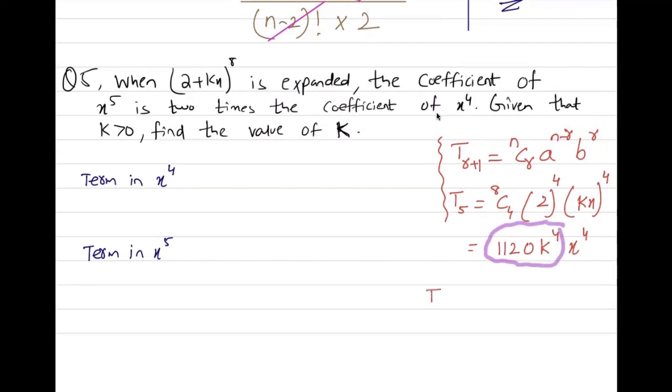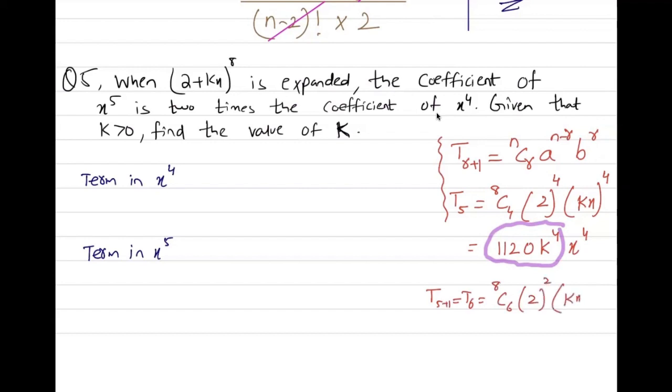The x to the power of 5 term was occurring at the 6th position. So our r value is going to be 5. 5 plus 1, that is 6, T6. So 8C6, first term to the power of 8 minus 6, that is 2.